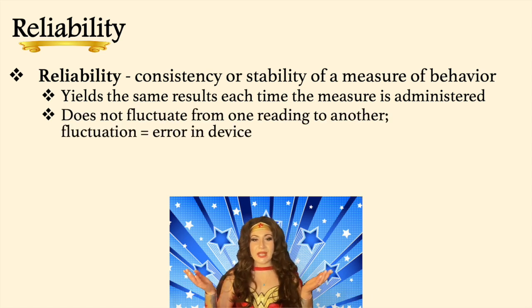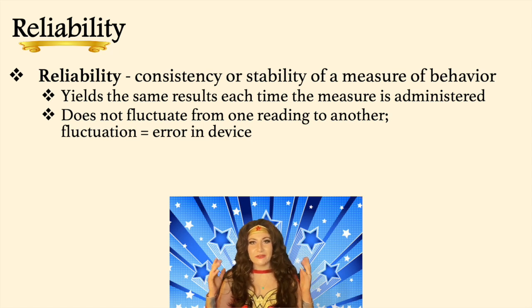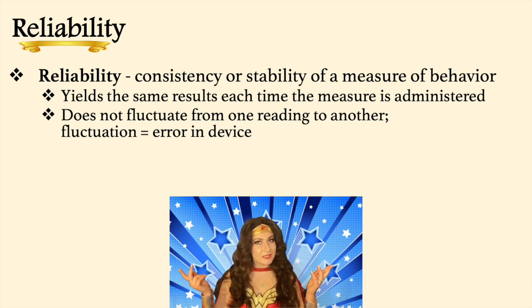The question you should ask yourself is, does the measurement that you are using fluctuate from one reading to another? If it does fluctuate, then it means that there is an error in your device. Another example in which we see fluctuations in devices is when it comes to technology.